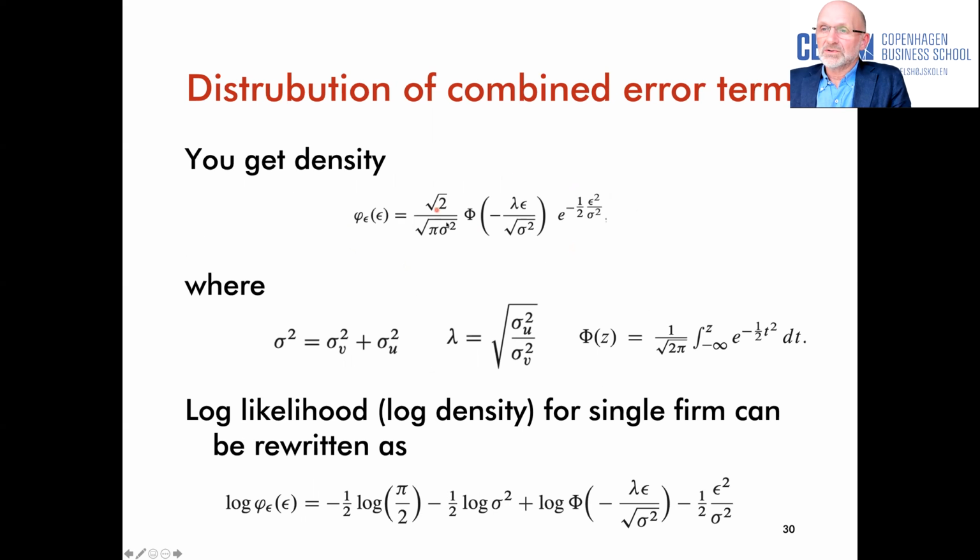So you have square root 2, square root pi sigma squared, and then you have the normal expression you also have in the normal distribution. But the problem is you have this one here, which we don't even know how to describe with an explicit formula. This is the cumulative probability of a standard normal 0, 1 distribution taken at this point here.